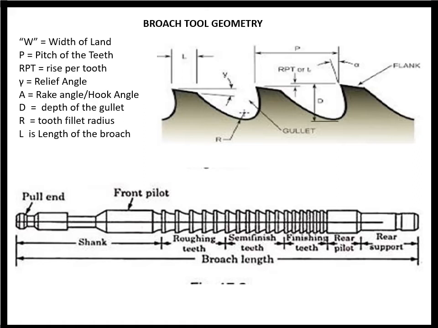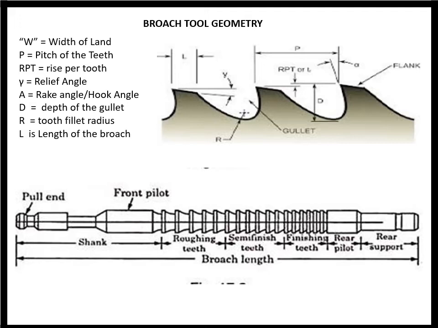Each tooth has an angle alpha, which is also called the hook angle, which is almost similar to a rake angle of a single point cutting tool. And as we have already discussed, the teeth rise gradually as they move from a roughing tooth to a finishing tooth.